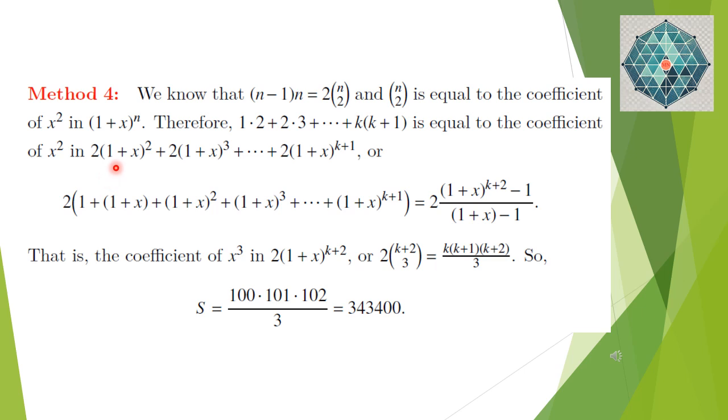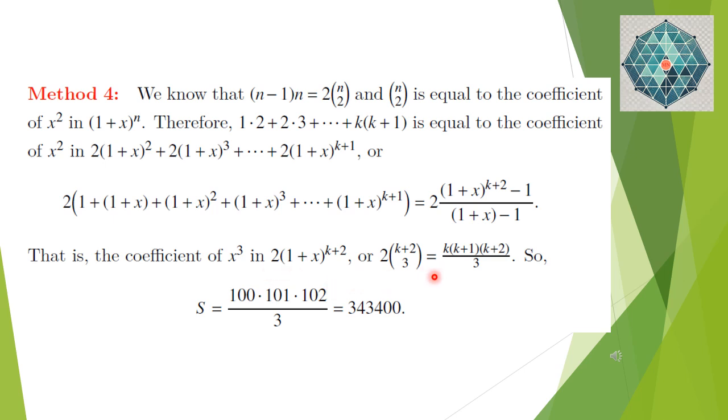This is equal to 2 times 1 plus x to the power of k plus 2 minus 1 divided by x. The coefficient of x cubed in 2 times 1 plus x to the power of k plus 2 is 2 times the binomial coefficient k plus 2 choose 3.